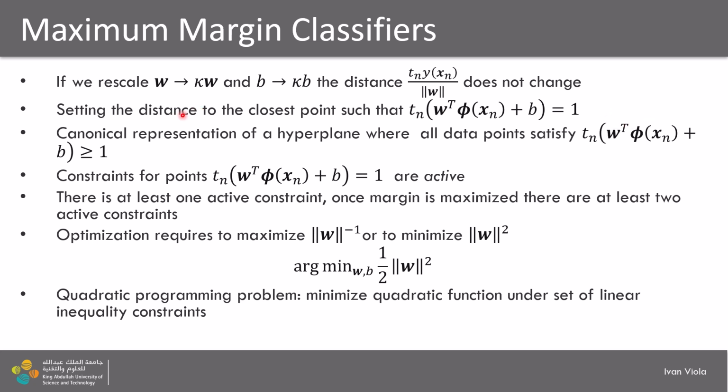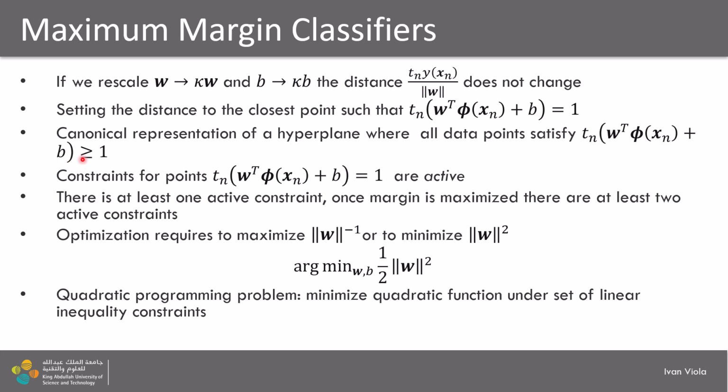So we can set W such that this property will be fulfilled, and this is for the closest point. So basically the margin will be 1, and the canonical representation of the hyperplane, where all data points satisfy this condition, is this.